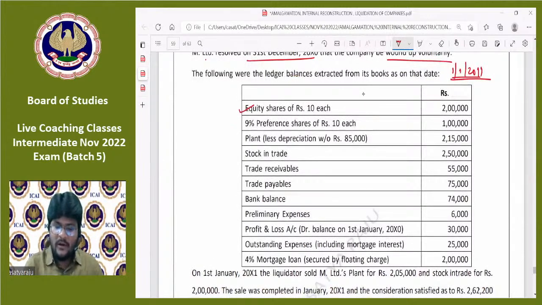Equity shares were given, 9% preference shares were given, plant less depreciation 85,000, the amount was 2,15,000. Stock in trade, trade receivables, trade payables, bank balance, preliminary expenses, profit and loss account, outstanding expenses, including mortgage interest, 4% mortgage loan secured by a floating charge, 2 lakhs.